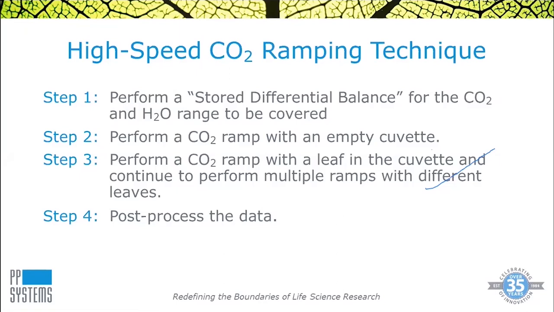Step 2 is to perform a CO2 ramping procedure with an empty cuvette. The third step is to perform a CO2 ramp with a leaf in the cuvette, and you can do multiple leaves, and just keep going all day long. And the 4th step is post-processing the data, which in the case of this instrument is very easy to do. So a little bit more about these steps.